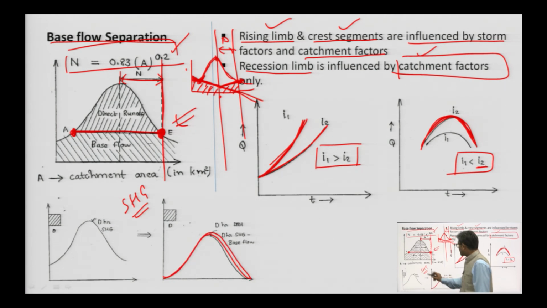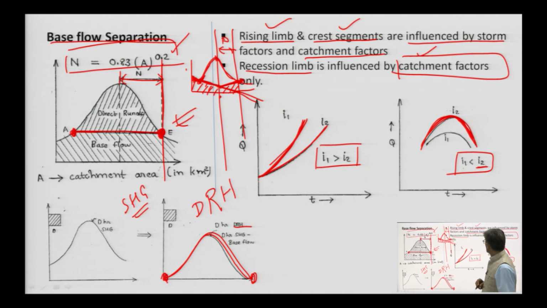Point A will be at t equal to 0 and E will be here, and this is DRH, the direct runoff hydrograph.